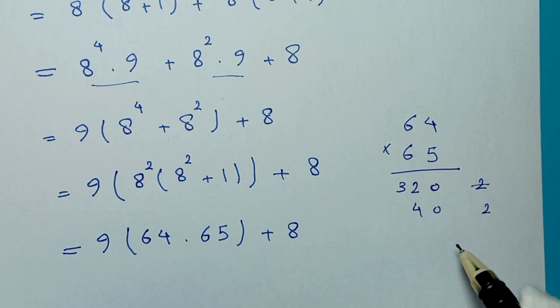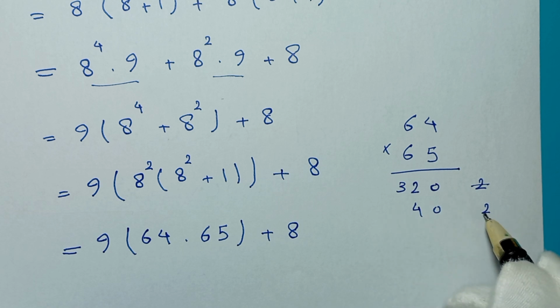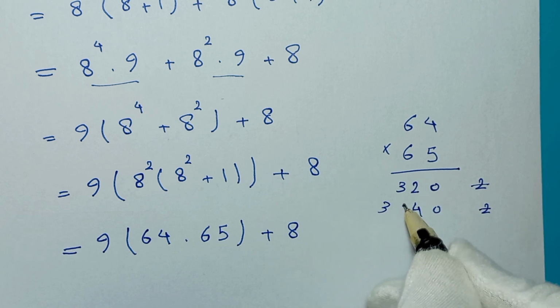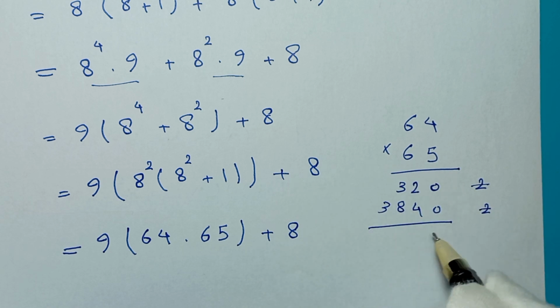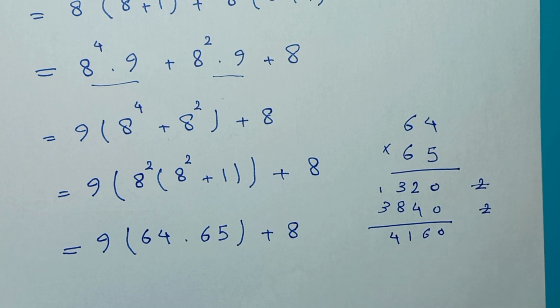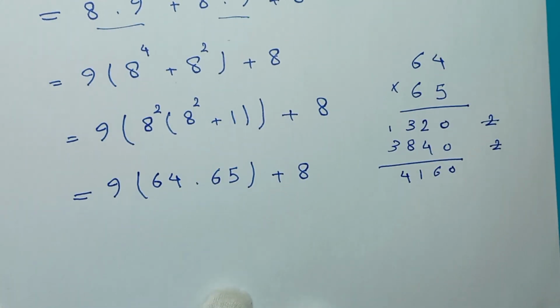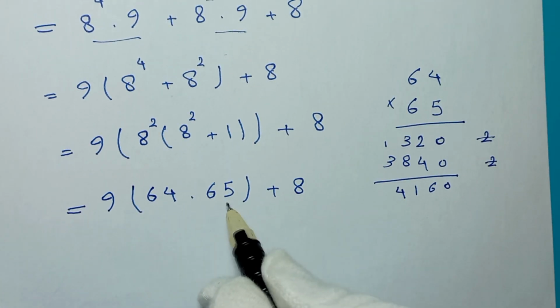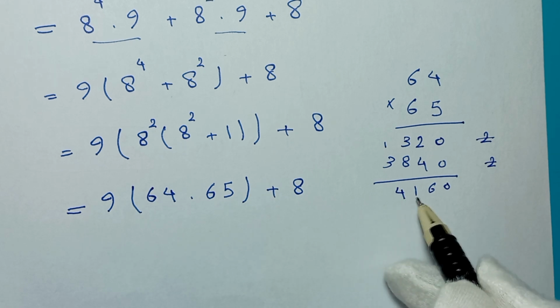And 6 times 6 is 36. And 36 plus 2 is 38. 0 plus 0 is 0. And this is 6. This is 1 here, and 4. So 64 times 65 is 4160.